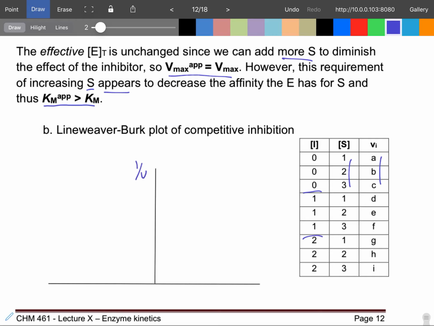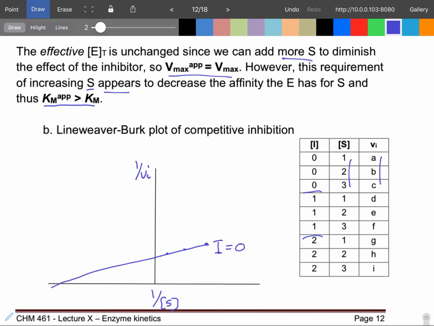So this is 1 over the initial velocity as a function of 1 over the substrate concentration. And the first thing we would see should be a slightly more shallow curve. We'll just do 3 points, since that's all the data that this plot is showing. And I will sort of carry that back like this. And this is the one where the inhibitor concentration is 0, so uninhibited.